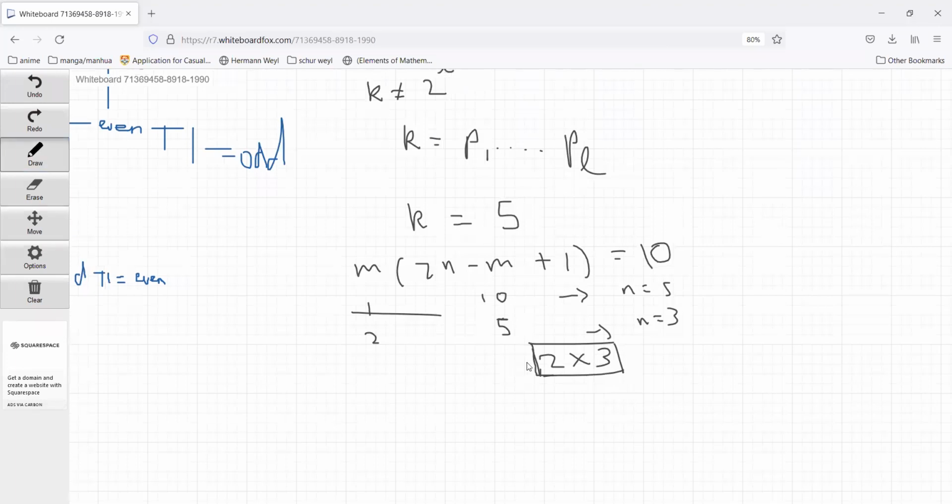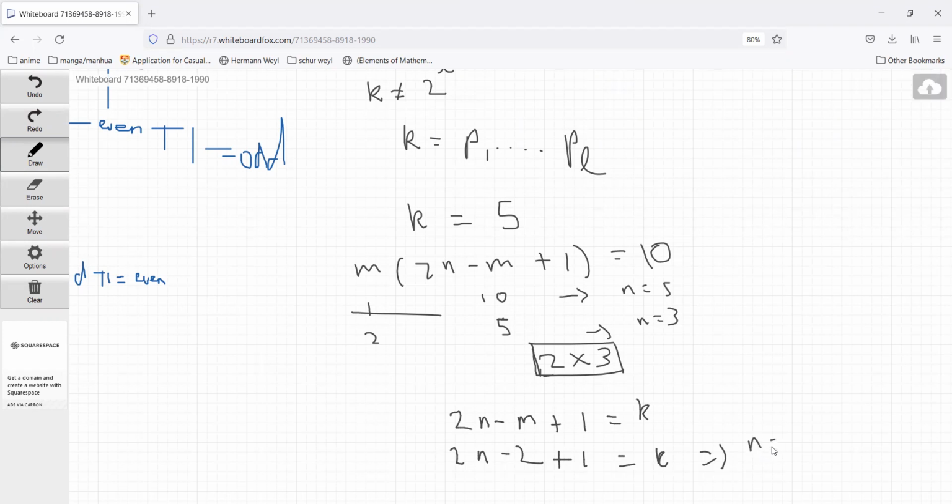So if we can find a way such that 2n minus m plus 1 is equal to k, it always works, right? And we also set m is equal to 2. So we have 2n minus 2 plus 1 equals k. So in other words, n is equal to (k plus 1) over 2.